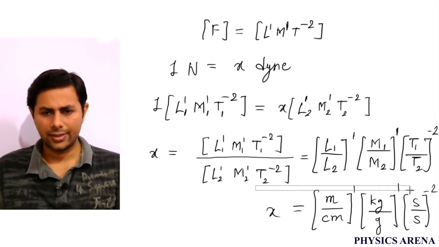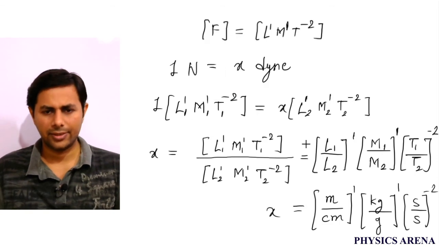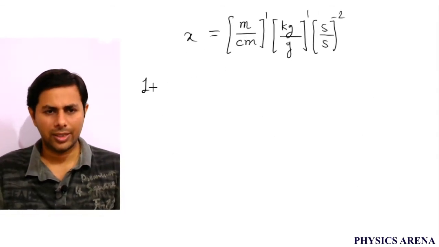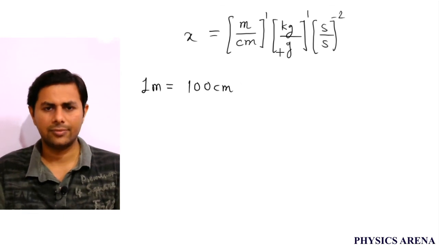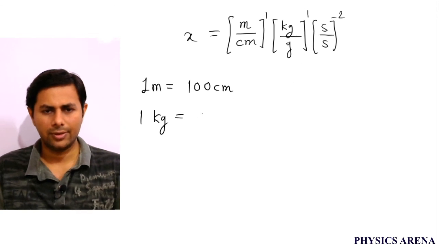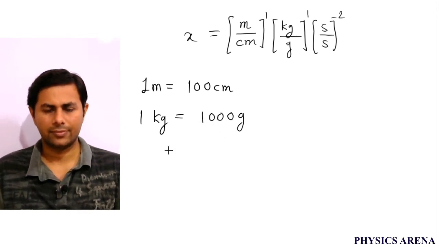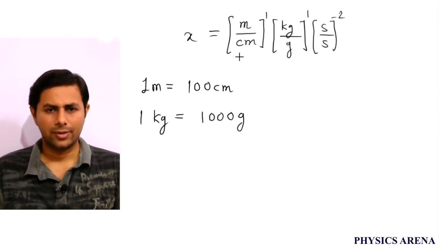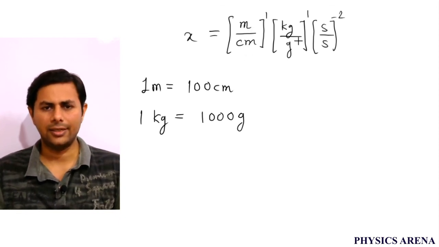So let's take this to the next page, and now we know 1 meter equals 100 centimeters and 1 kg equals 1000 grams. So we can substitute that here. So meter divided by centimeter is 100, kilogram divided by gram is 1000.